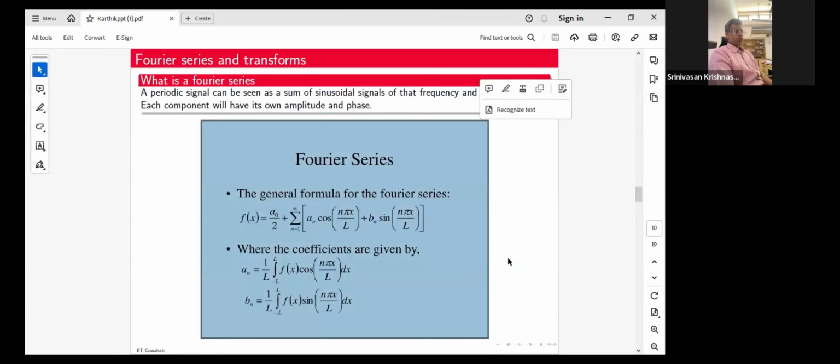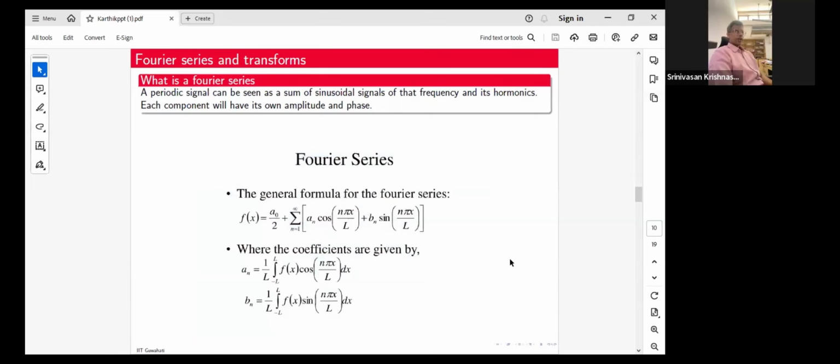So what the Fourier series essentially tells you is that any periodic signal can be seen as a summation of discrete sine waves. And as I told you, since it's a linear time invariant system, suppose my input is a sum of certain sine waves, the corresponding output would also be the sum of the responses to those sine waves.